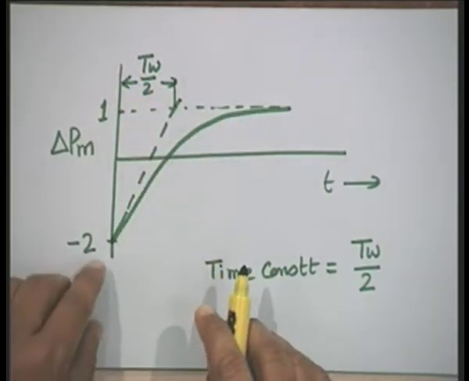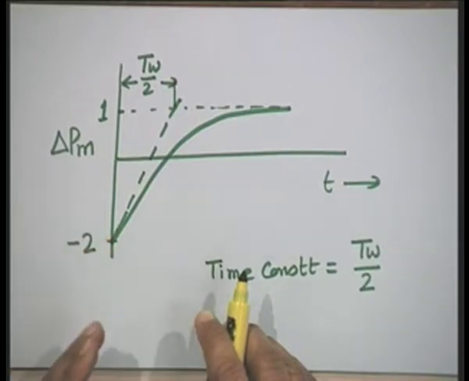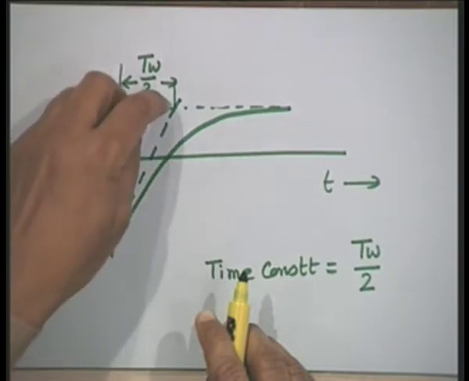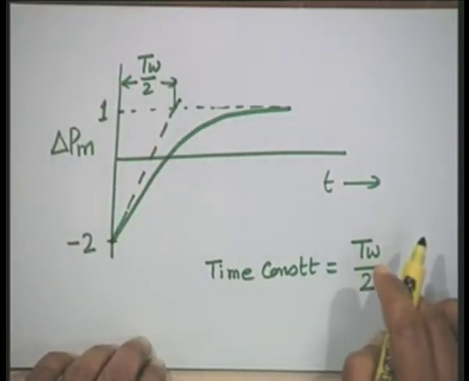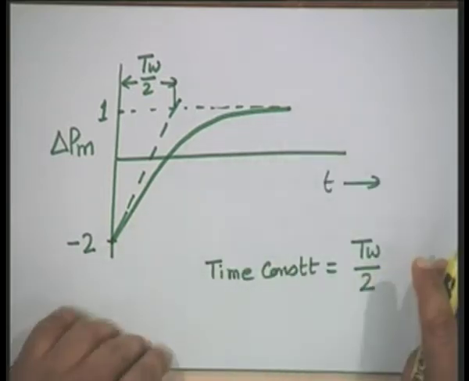The meaning is that if the change in mechanical power continues at the initial rate, then it will reach its steady state value in time equal to T_W by 2, right. Otherwise, it is varying exponentially.